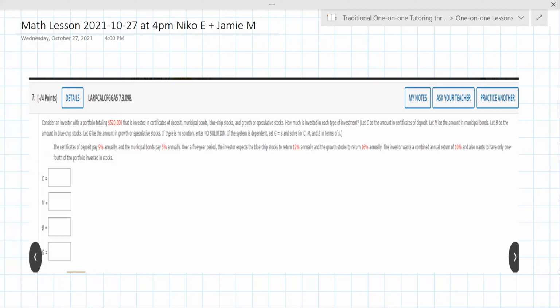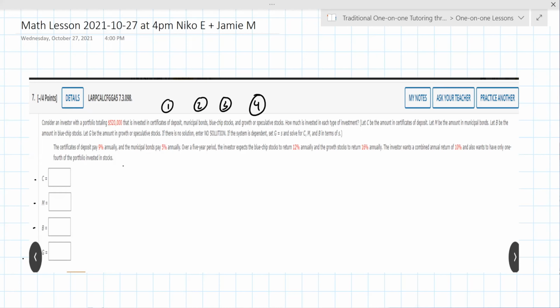So they're telling you there's 1, 2, 3, 4 types, and the variables here help. They actually tell you what the variables are. So you know, that's somewhat useful. Okay. So let's see here.